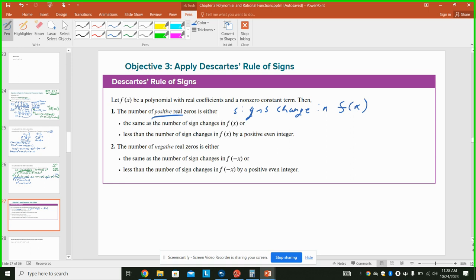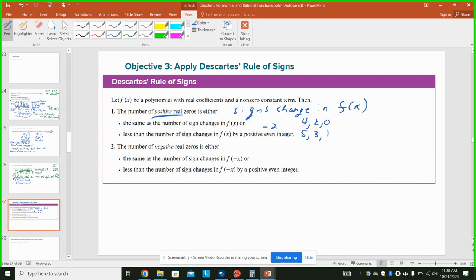Then we're going to go down by 2. So again, if it's a 4, that goes down to 2, then 0. If it's a 5, it goes down to 3, then 1. That just means that there could be 4 positive zeros, or 2 positive zeros, or 0 positive zeros, or 5 positive zeros, 3 positive zeros, 1 positive zero. That's just how many positive zeros we could have.